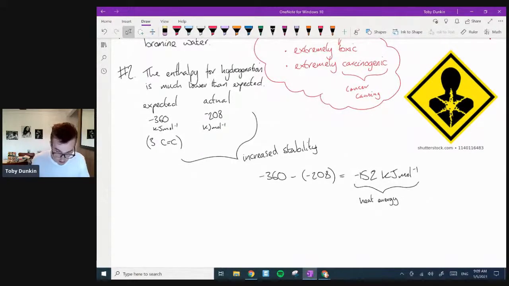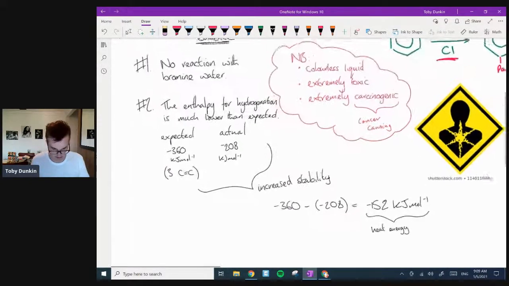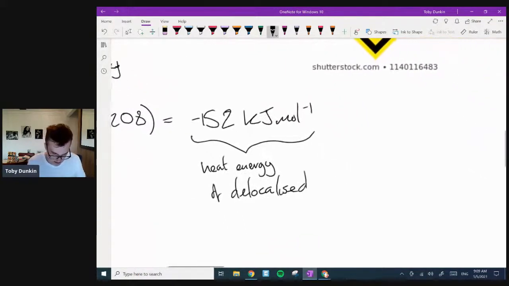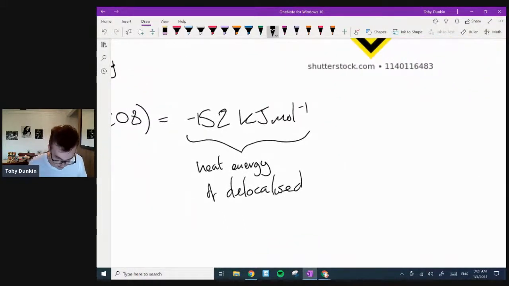So that's the delocalized stability energy, the heat energy of delocalized stability. That's what I would call it.